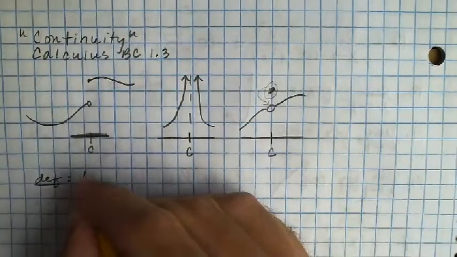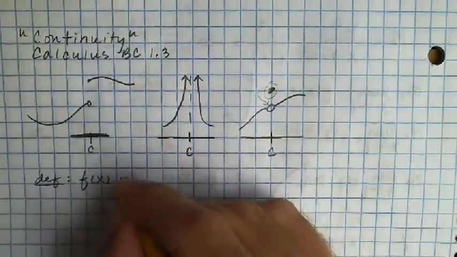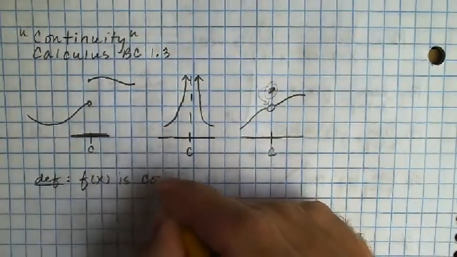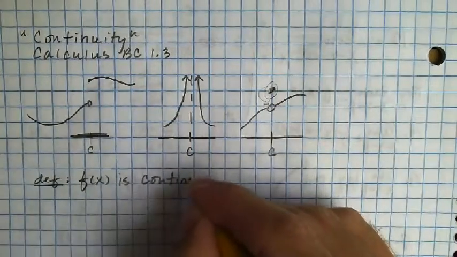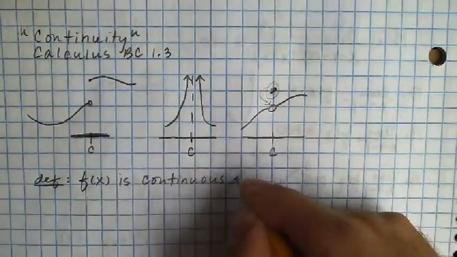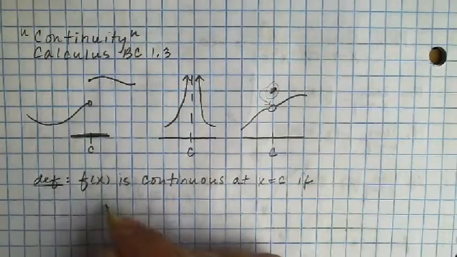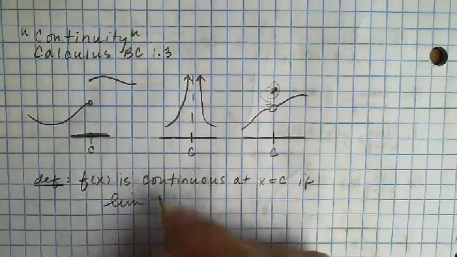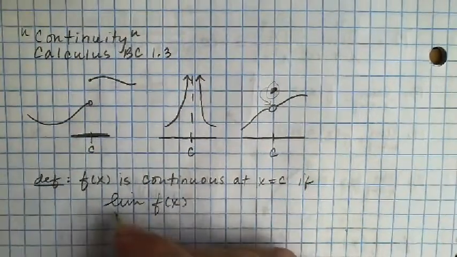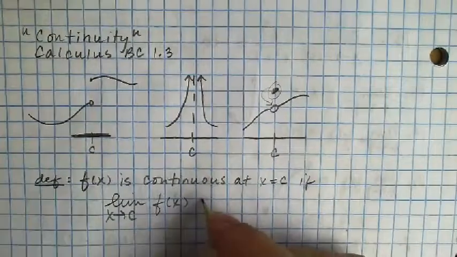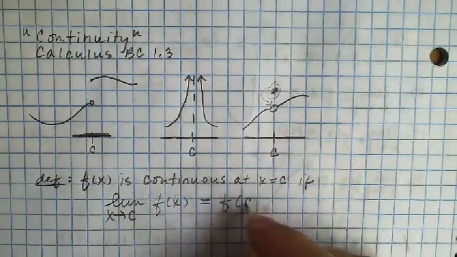So we're going to say f of x is continuous at x equals c if the limit of f as x approaches c is the same as f of c.